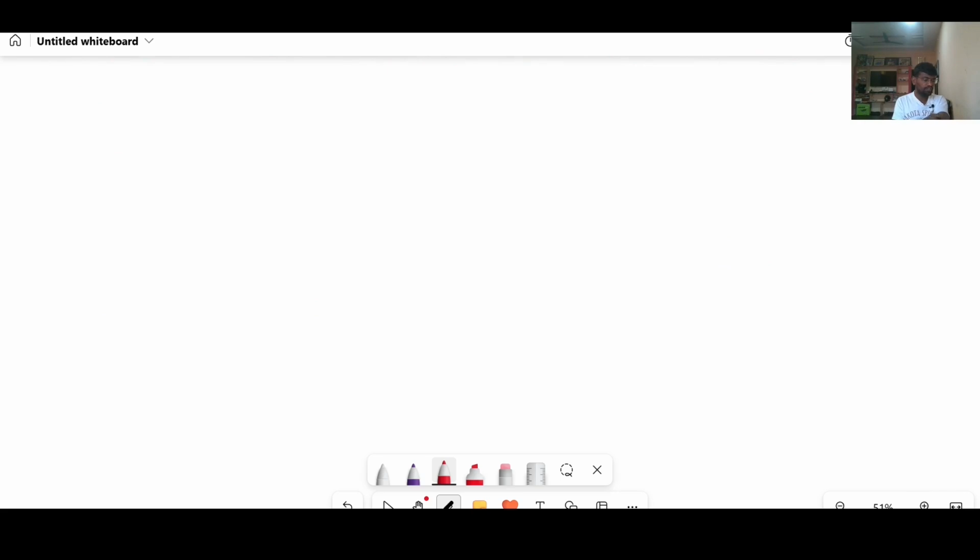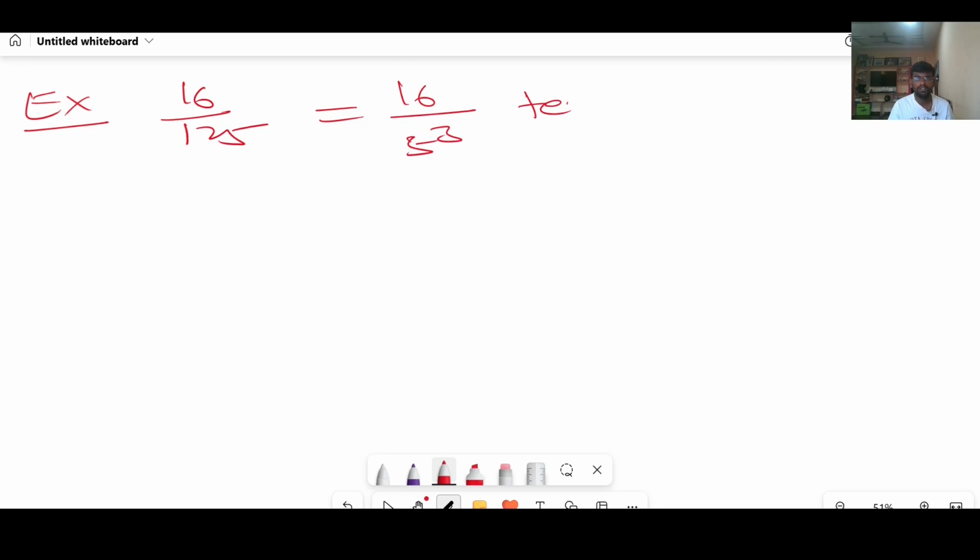Next one, example 5. We will discuss this as early as possible. 16 by 125, I can write it as 16 by 5 cube. It is a terminating decimal, right?